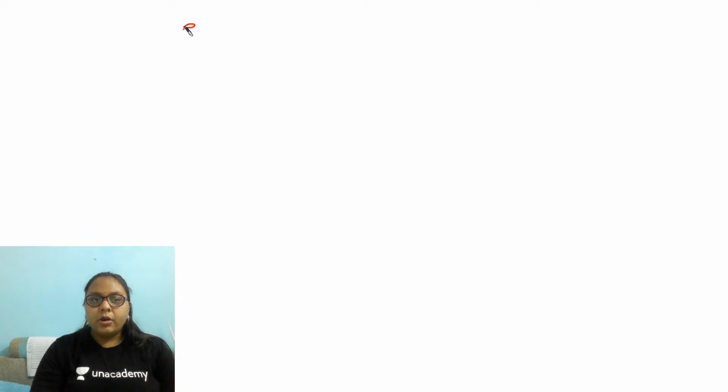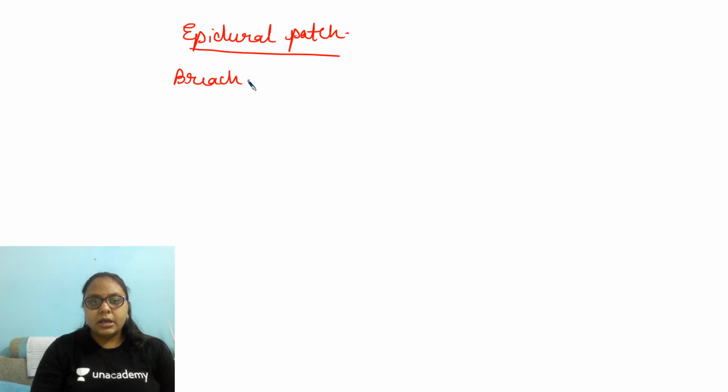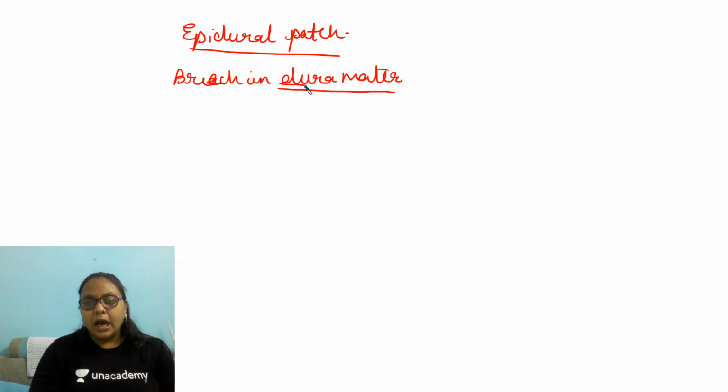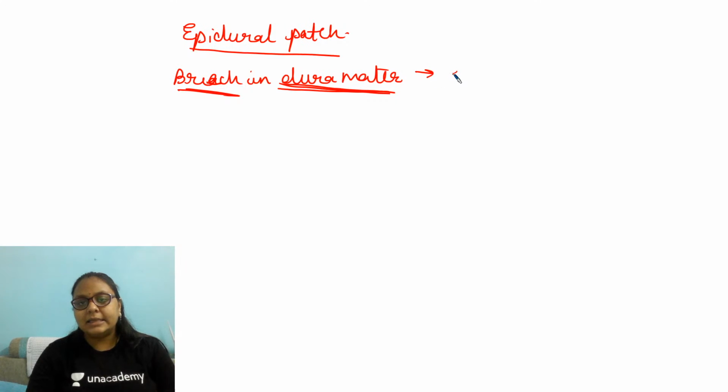Now epidural patch. See, what happens? There is a breach in the dura mater. If there is some discontinuity in the dura mater, because of that the CSF is leaking.